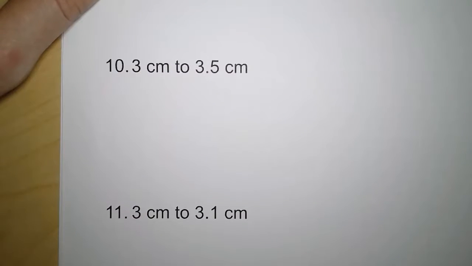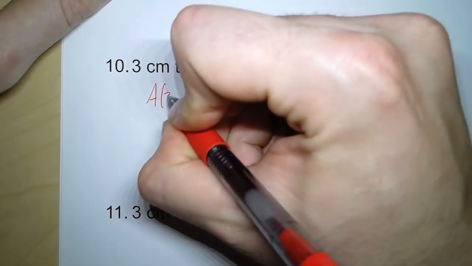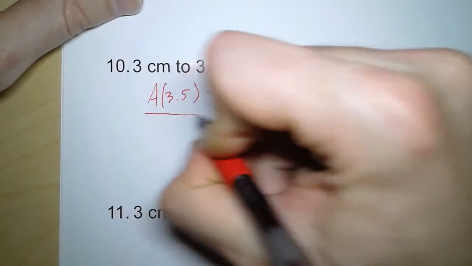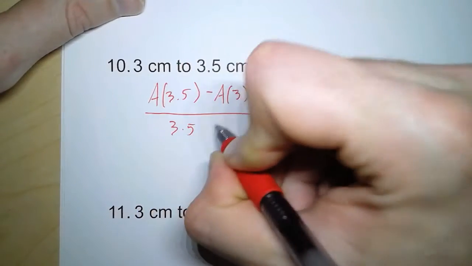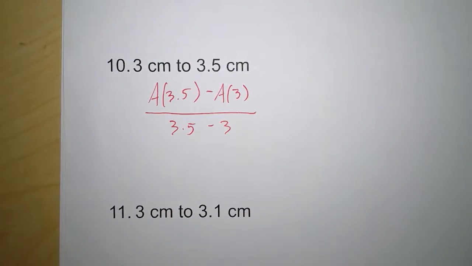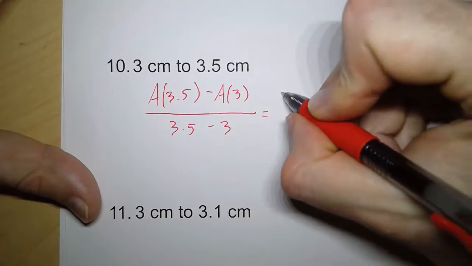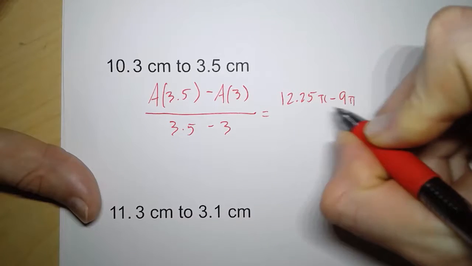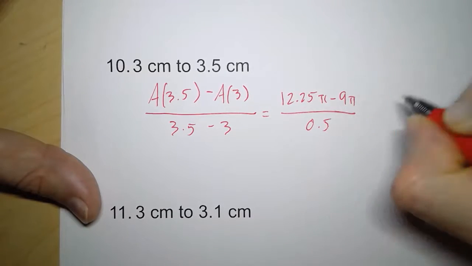Now we want it from 3 to 3.5. So we want the area at 3.5 minus the area at 3 all over 3.5 minus 3. So we're going to square 3.5, and that is 12.25 pi minus 9 pi all over 0.5.